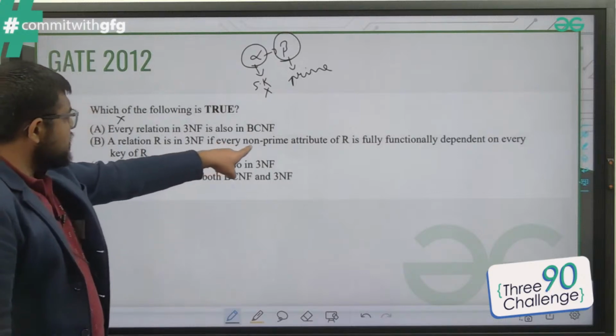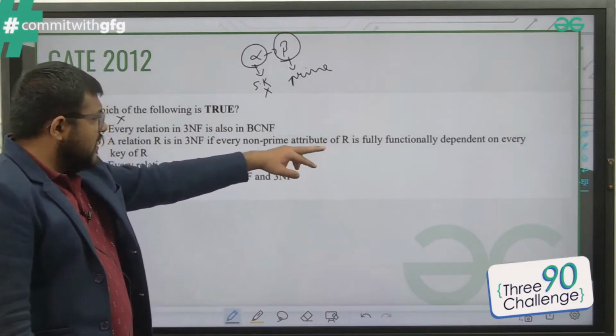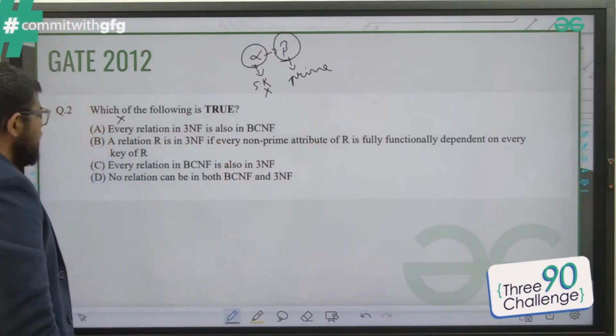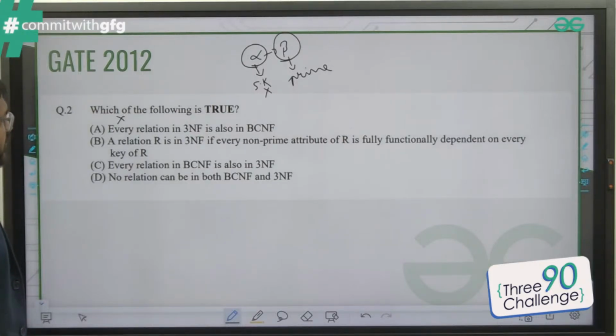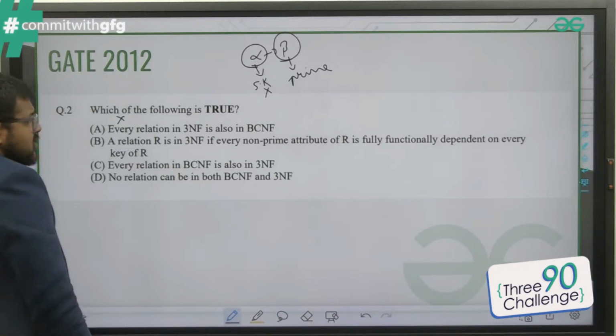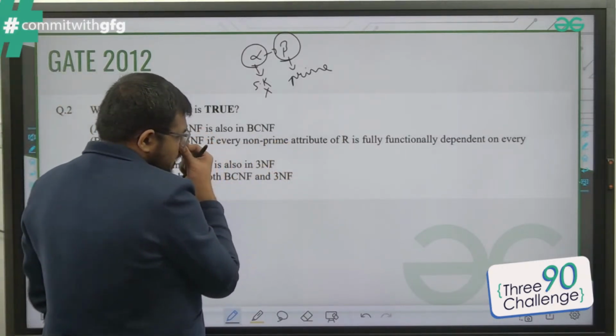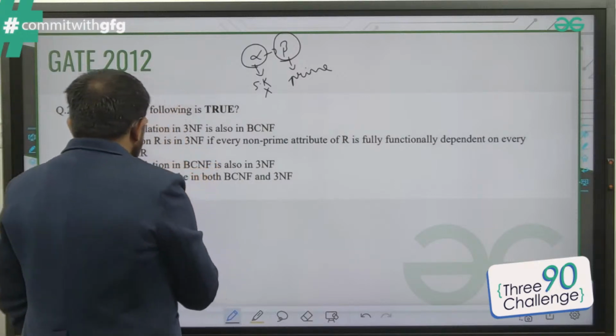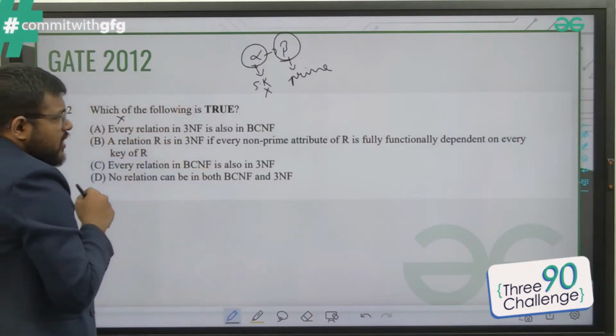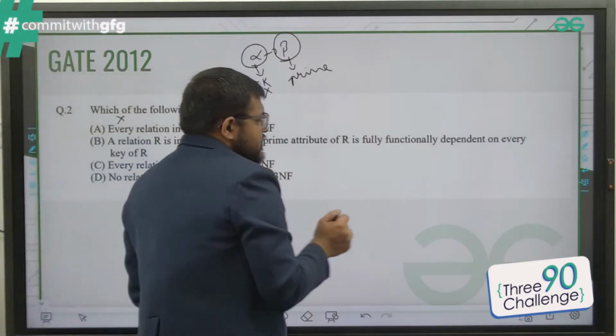Here it says that every non-prime attribute of R is fully functionally dependent on every key of R. Okay, that is true, but other than that, you must also hold this. Here I think the mistake is every.